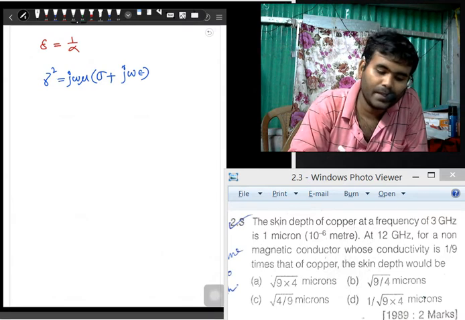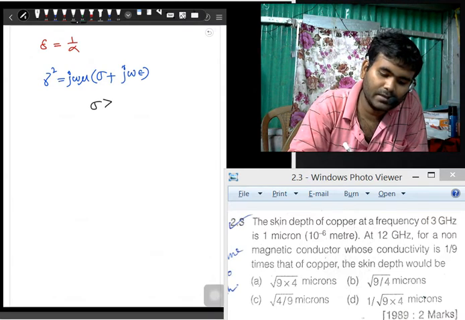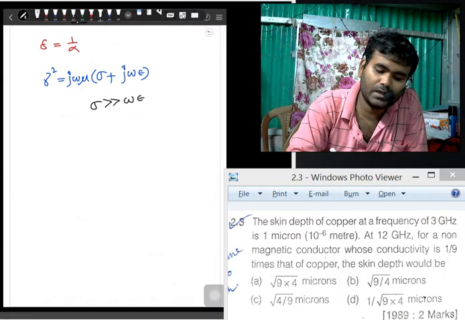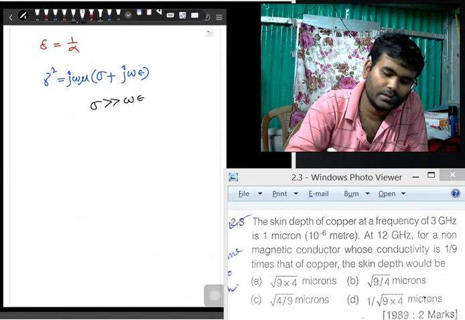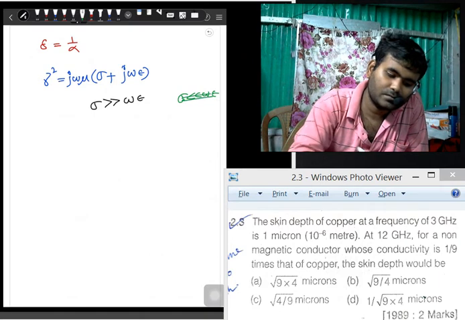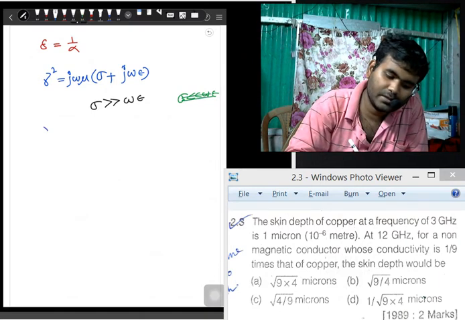So we can write sigma is much greater than omega epsilon. This is the condition for a good conductor. For a good dielectric, you can write that sigma is much less than omega epsilon. So now you can approximate that gamma square is approximately j omega mu sigma.